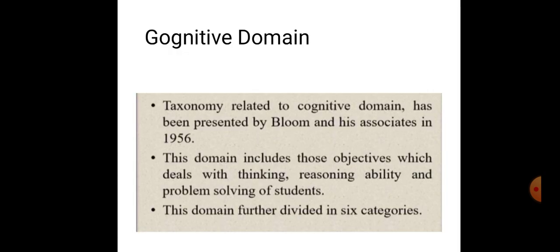Let's start with a brief introduction about this cognitive domain, or what this domain is. It is a taxonomy related to the cognitive domain that has been presented by Bloom and his associates in 1956.